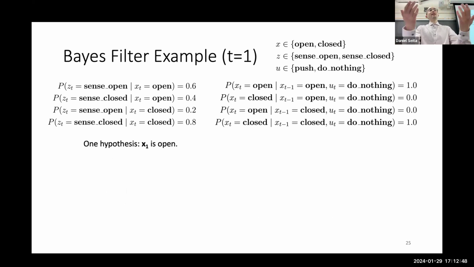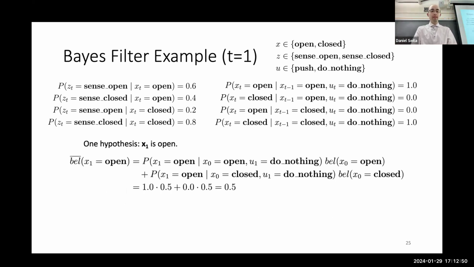One hypothesis, x1 is open. This is the value here: the probability that x1 is open conditioned on the prior state being open and the robot doing nothing, weighted by the belief that it was open. And same thing here, but if you assume that x0 is closed. If you plug in the numbers, you get 0.5.